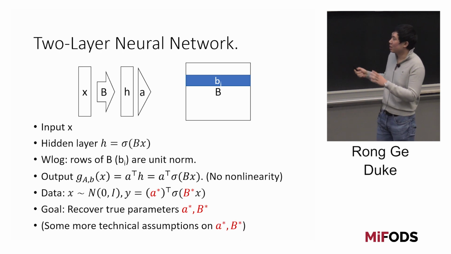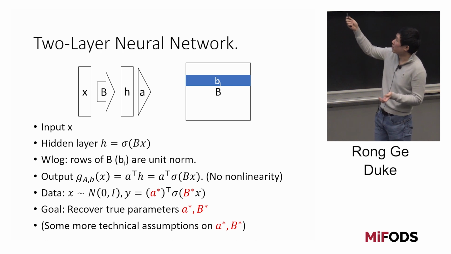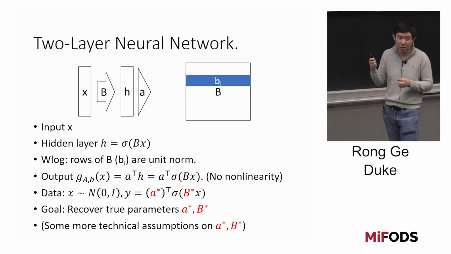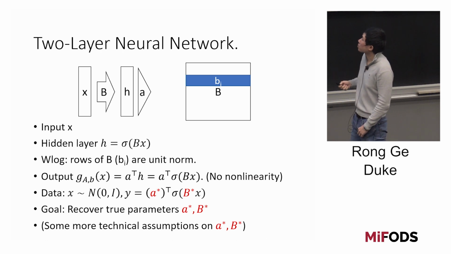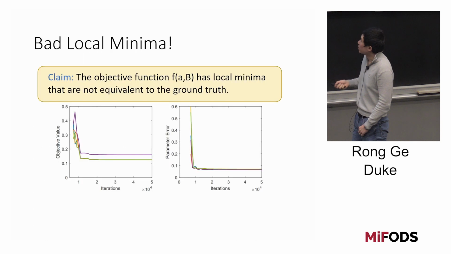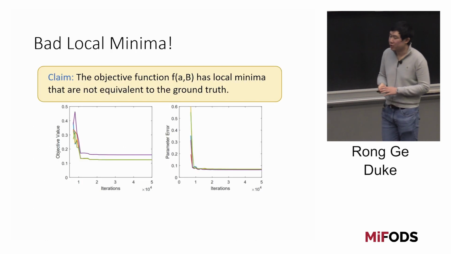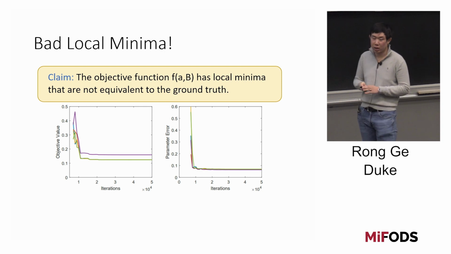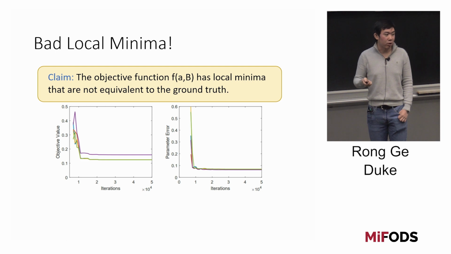To avoid the lower bound examples that Nati mentioned, for these 2-layer networks, there are actually some more technical assumptions on A star and B star. Most importantly, that B star is actually full rank. OK, so for this neural network, the first thing that we observe is that if you just do the naive L2 loss, there are actually many bad local optimal solutions.